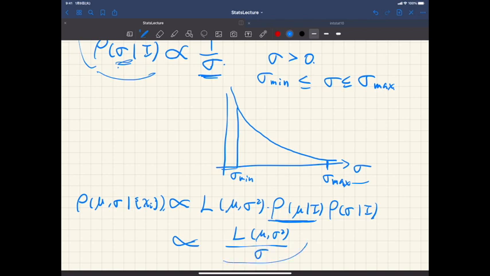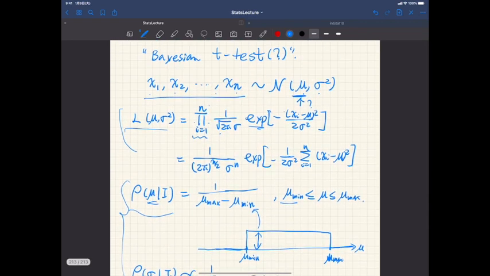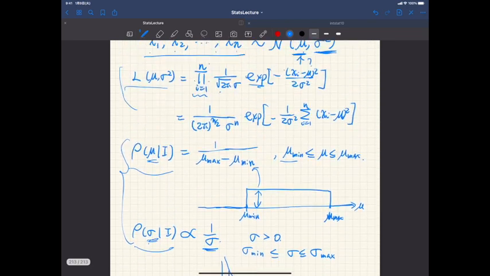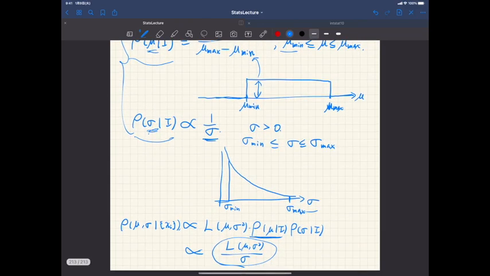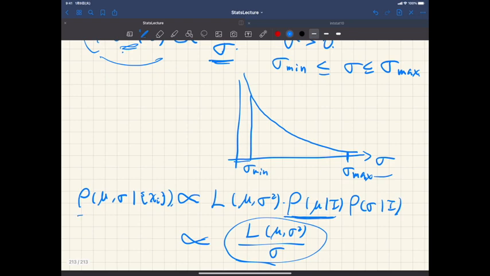So we have something like this. But in this particular problem, we are not interested in the distribution of sigma. We are just interested in the distribution of mu. So what we can do from here is to somehow eliminate the dependence on sigma.